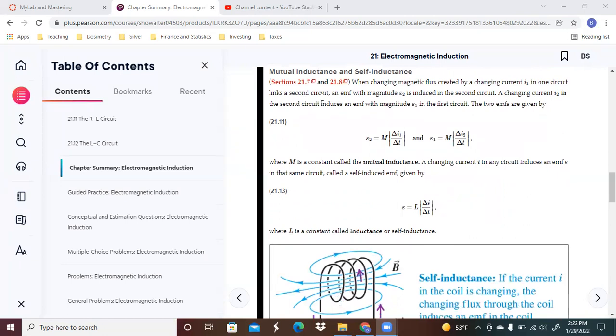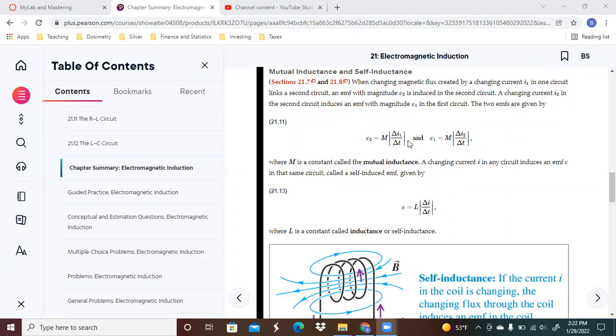The changing current in the second circuit induces an EMF with magnitude E sub 1 in the first circuit. So how do we figure out what these two EMFs are? We've got E sub 2 is equal to M, which is a constant called the mutual inductance.